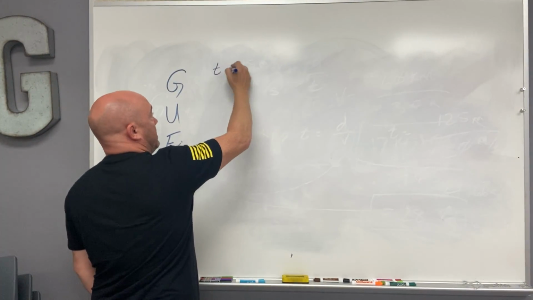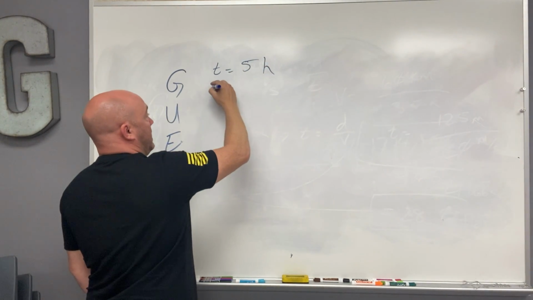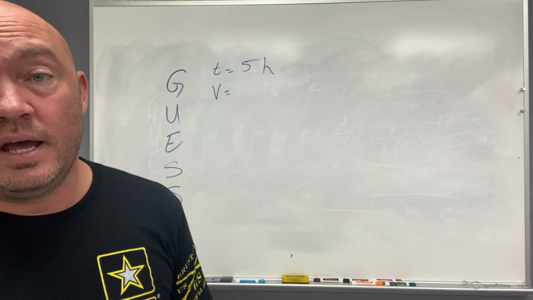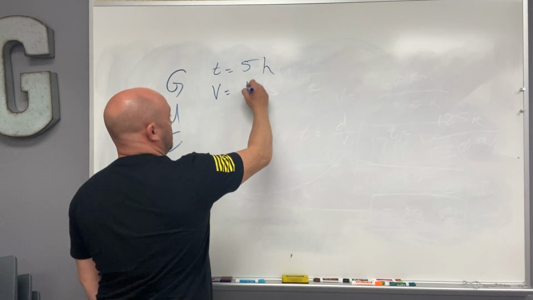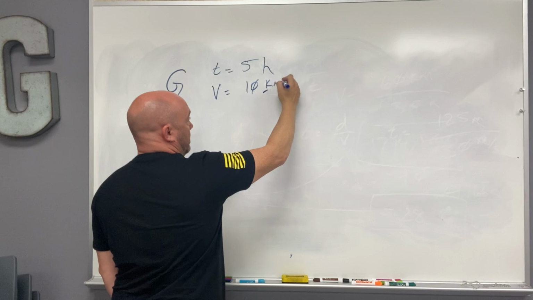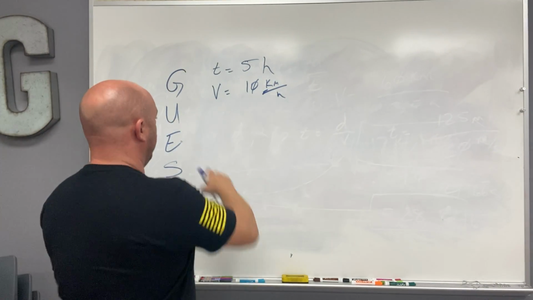So time is 5 hours. Didn't make my mistake this time. And his velocity is, he is going at 10 kilometers an hour. So he's going to go 10 km per hour. How far has he gone?